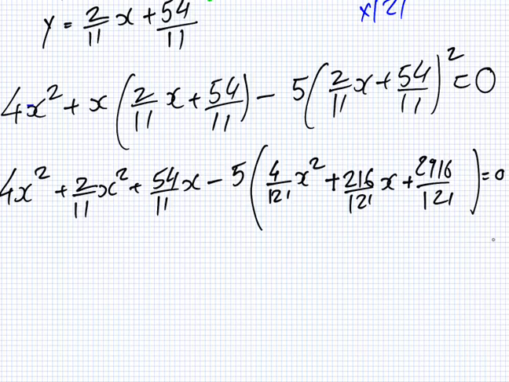Okay, so let's do that. 4x squared plus xy minus 5y squared equals 0.